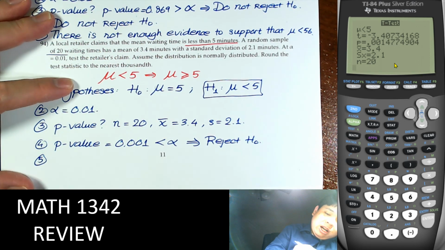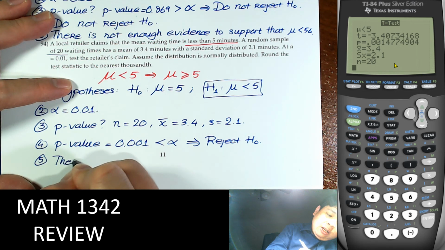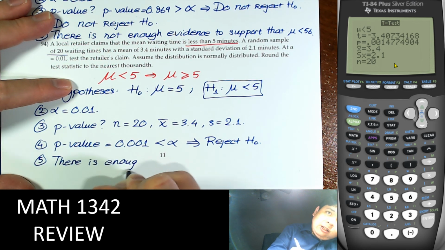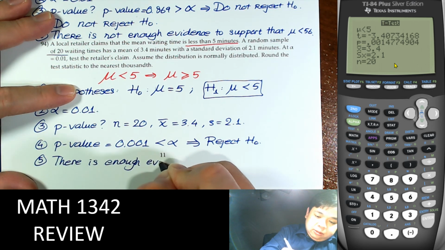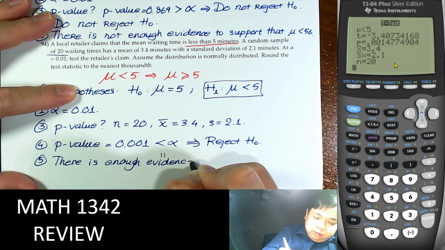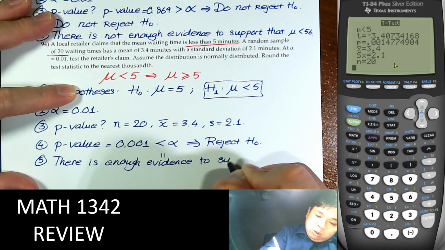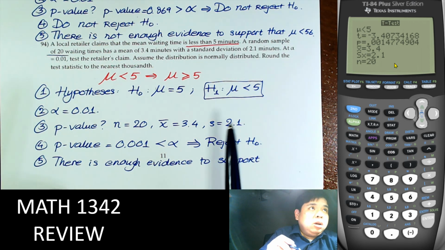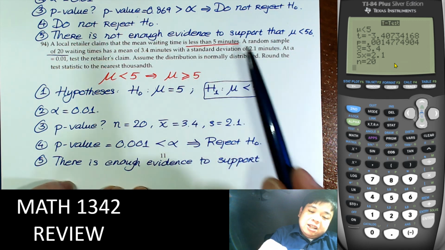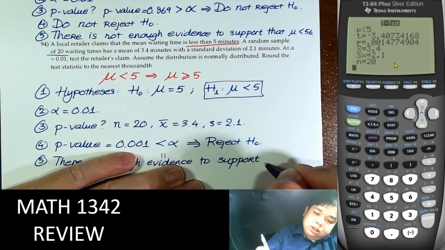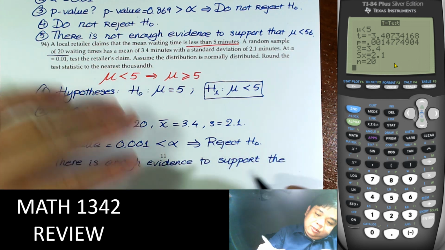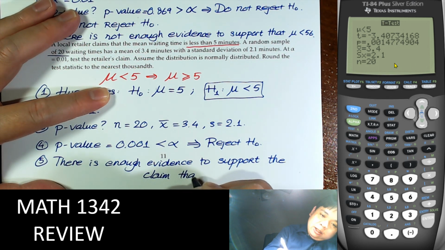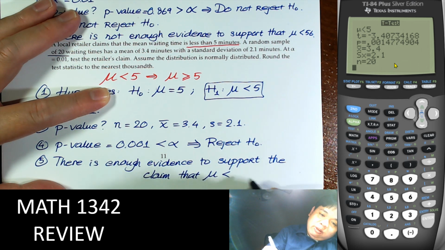So when we reject that, we say there is enough evidence to support the claim that the wait time is less than 5 minutes, that mu is less than 5.